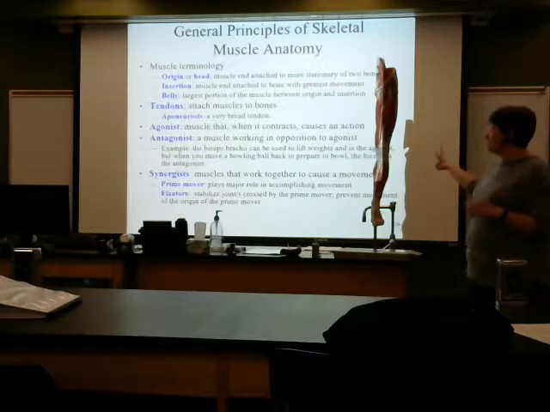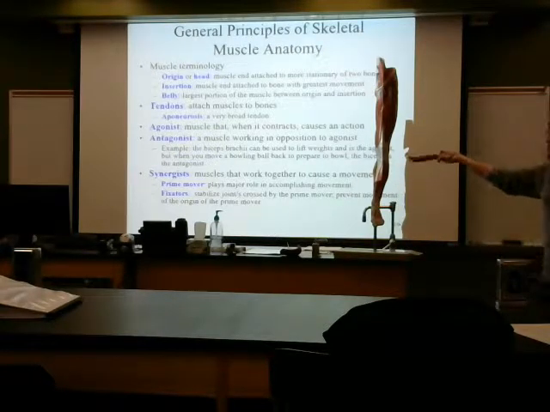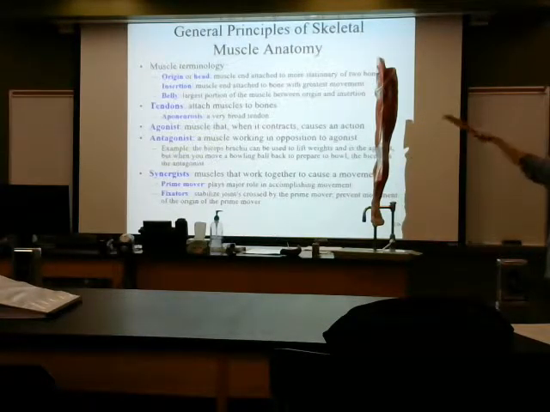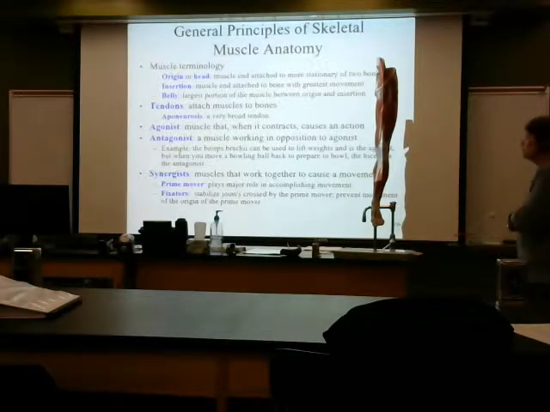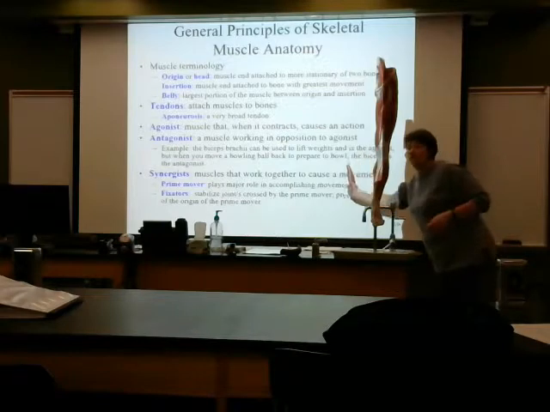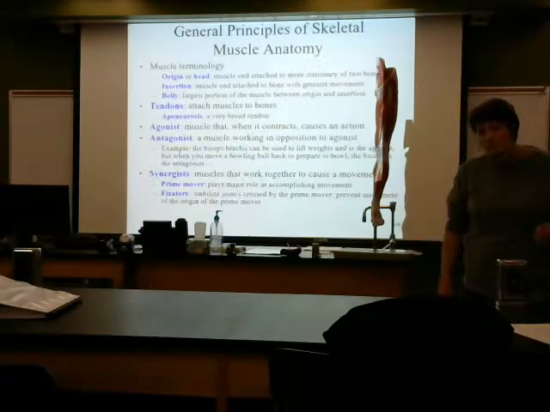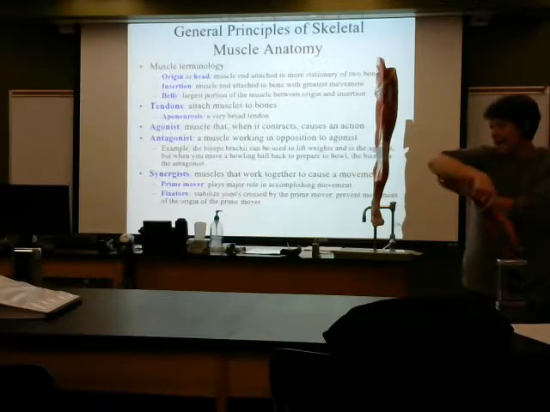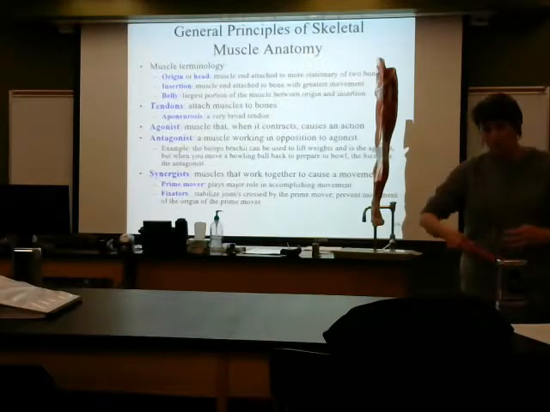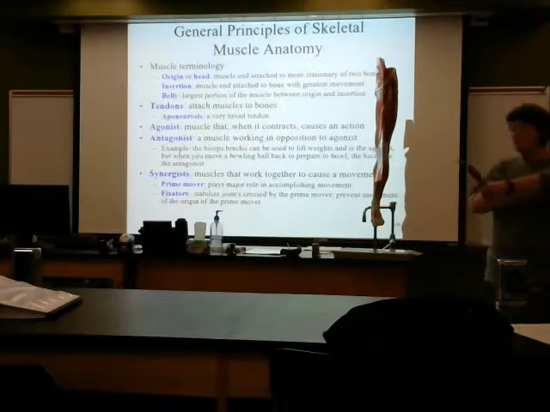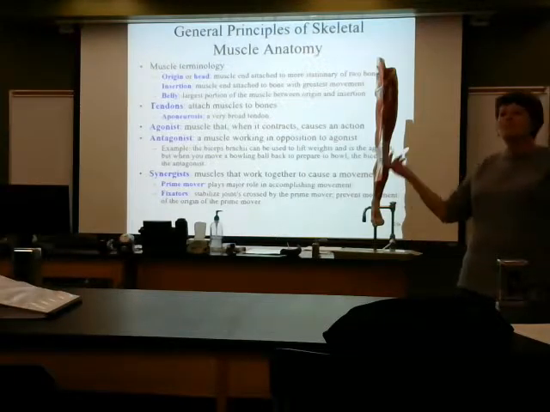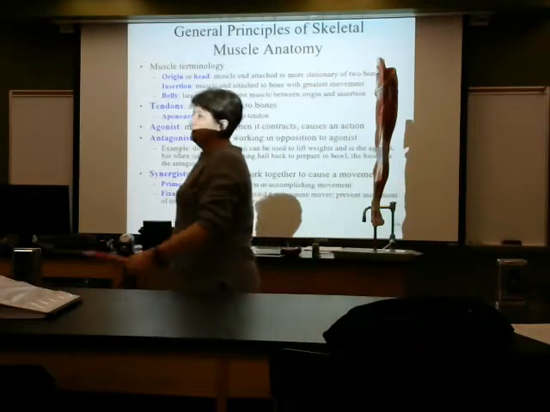But in our skeletal system, the antagonist works against the agonist, the one trying to create the motion. Like they were showing in the video, the biceps and the triceps. Did y'all take note of the little highlighting that was done? The synergist, what does synergy mean?